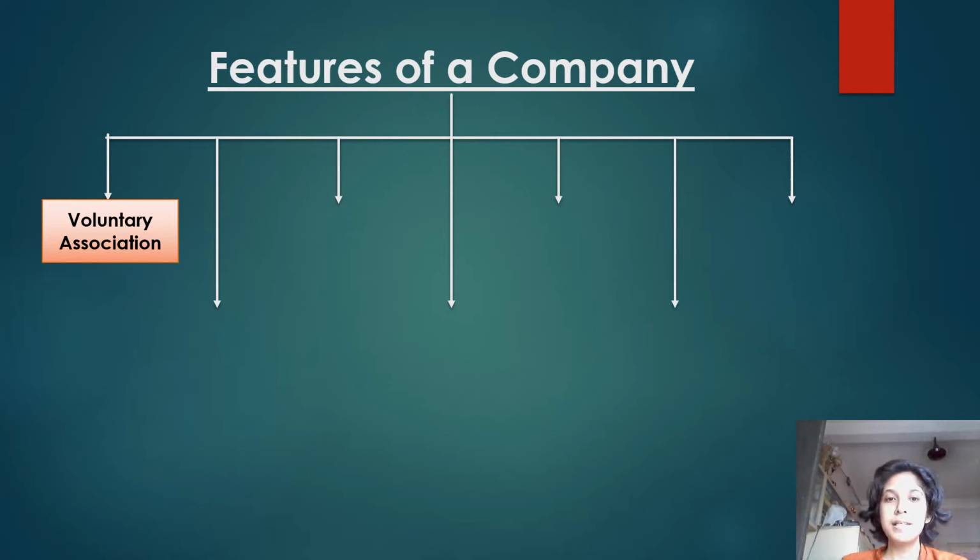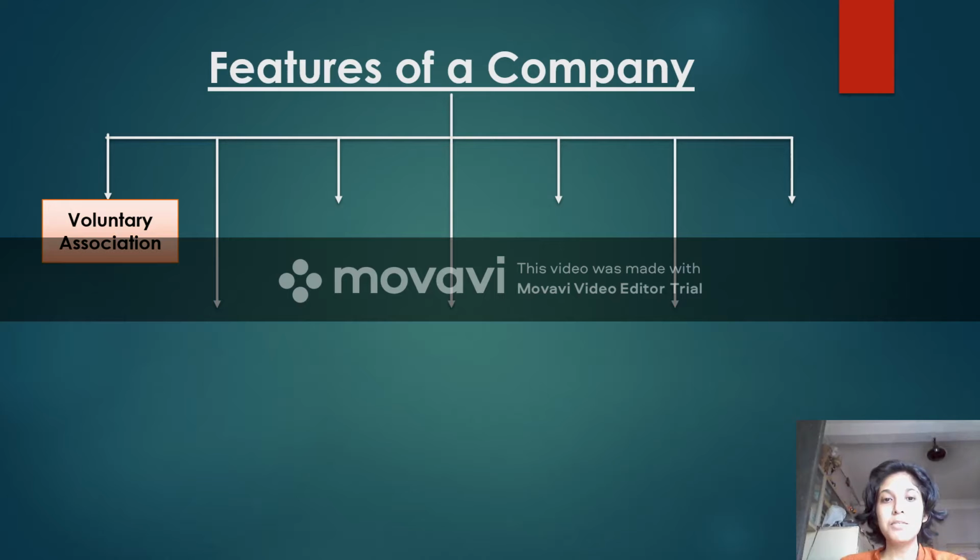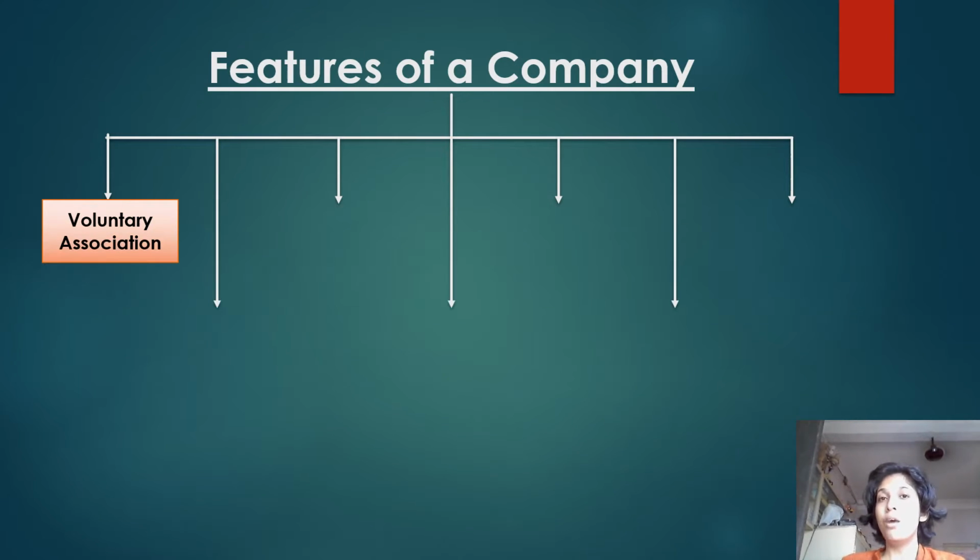What is meant by this? It means that persons who are willing to form a company can come together voluntarily. Okay, that means there is no pressure. No one is going to tell anyone that you have to form a company or you have to work for a company, you have to give the fund to the company as a member of it.